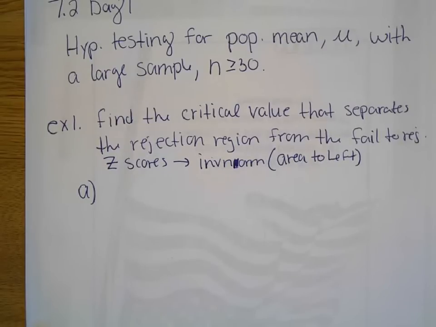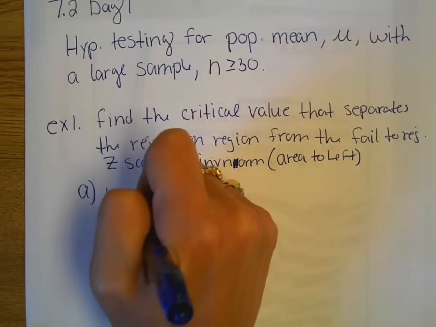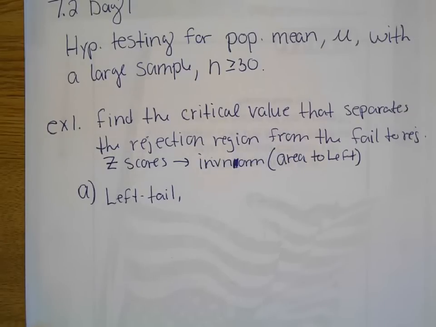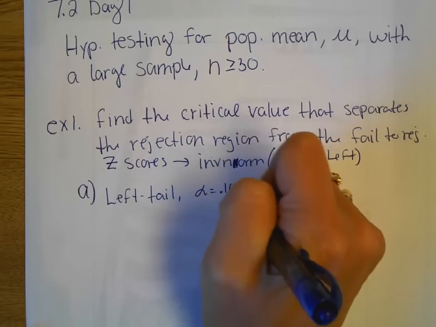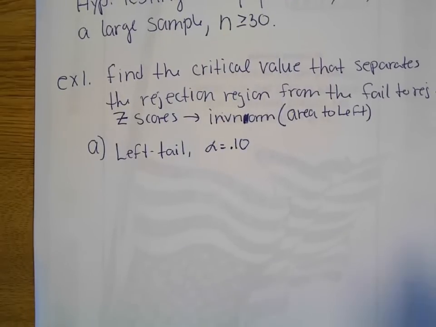So, let's say we are doing a left tail test, and the alpha equals 0.10. A left tail test indicates that our rejection region is in the left tail.